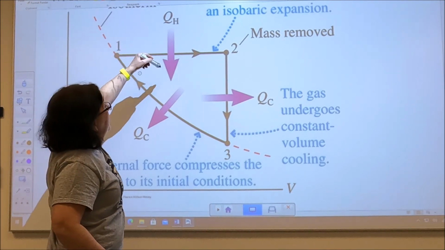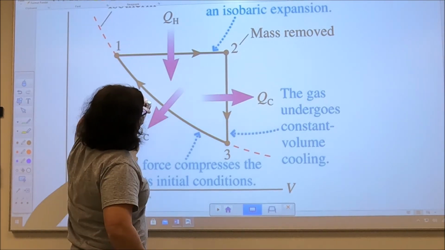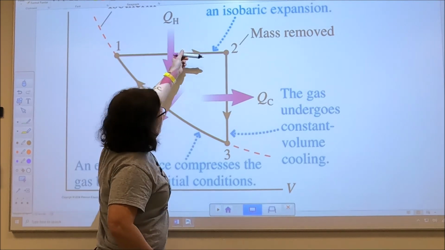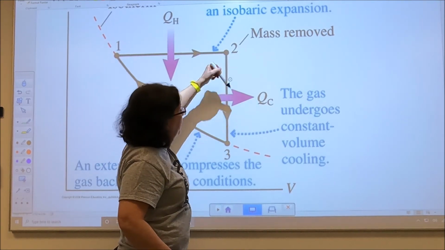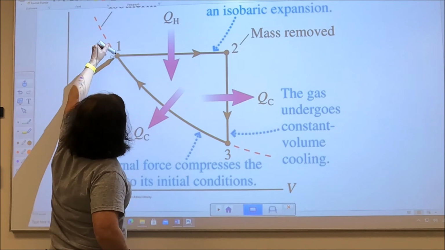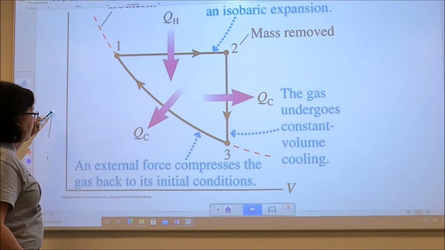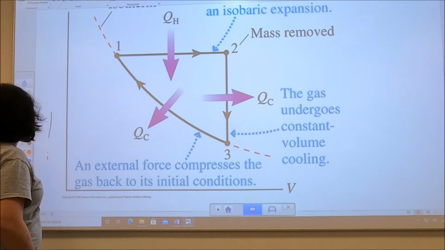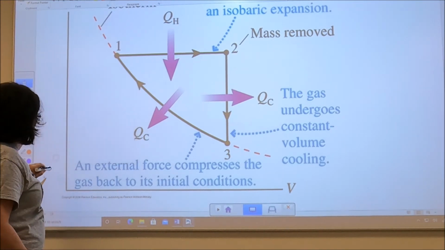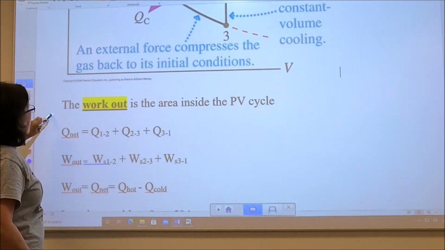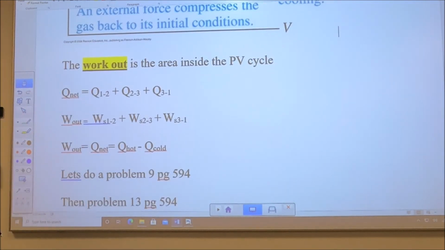Okay, so heat in, heat out, work being done by the system on the environment, work being done by the environment on the system. The work out is the area inside the PV curve.